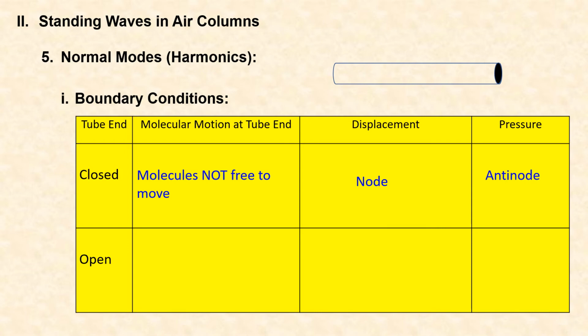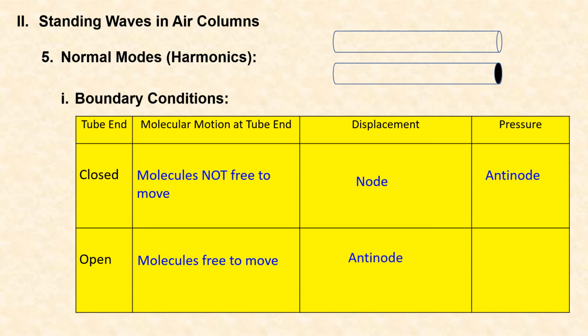Now in the case of the open-tubed instrument, when the molecules travel from the end with the vibrating object to the open end of the tube, there we see that the molecules are free to move when they reach that end, which is open. That corresponds to a displacement antinode, and there, we would infer that that would be a pressure node because the pressure there would be a minimum since the molecules are very free to move there, are not restricted in any way.